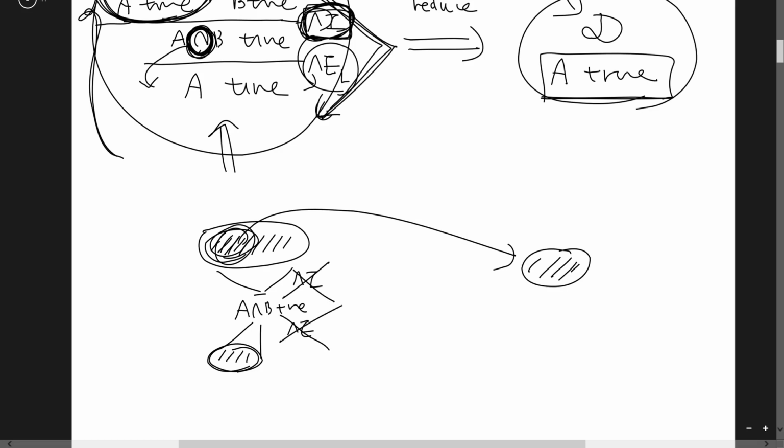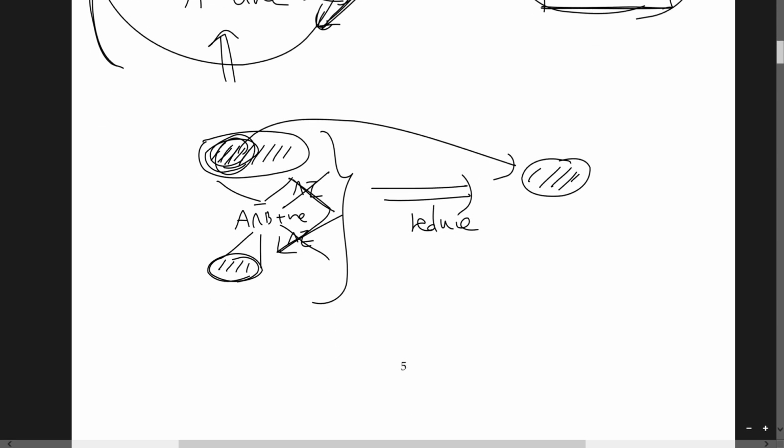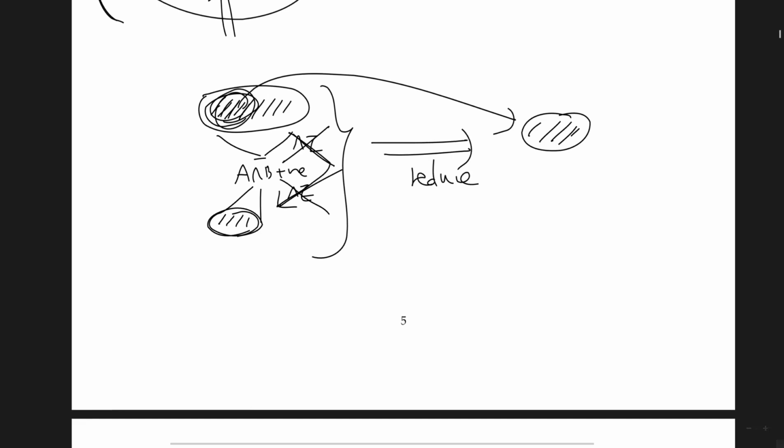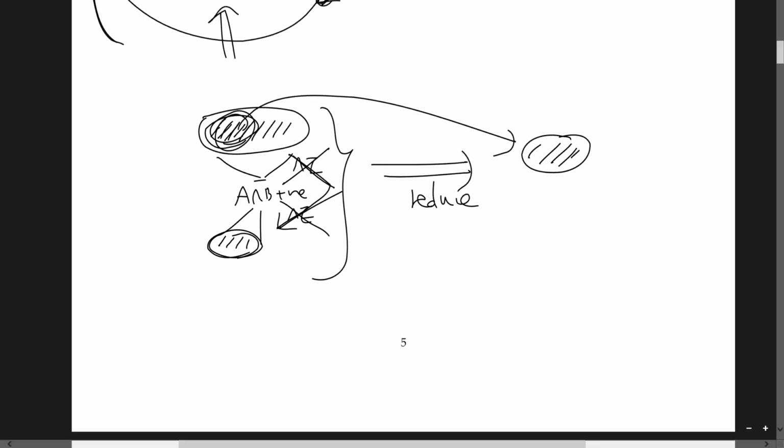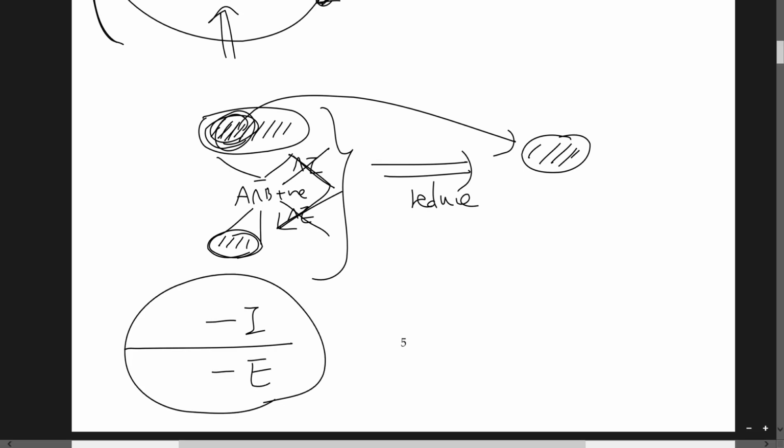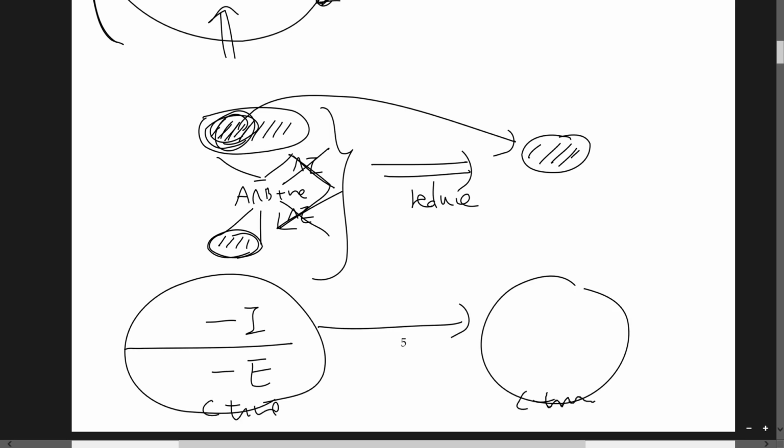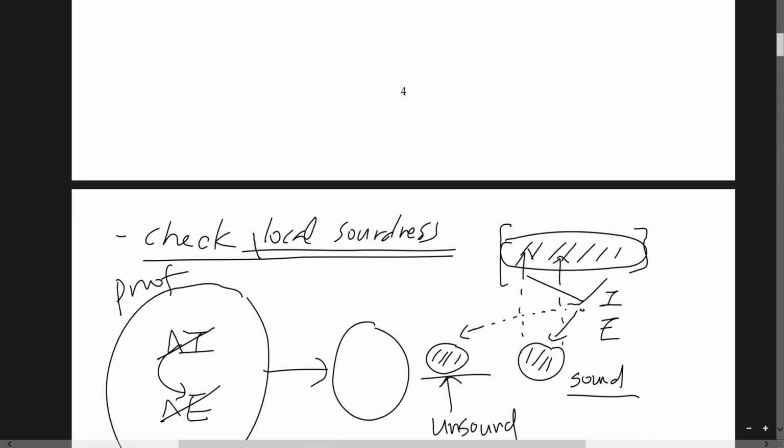So the question is, can we reduce this derivation tree without taking this detour? To summarize, to show the local soundness property, take a derivation tree of this form, some introduction rule immediately followed by some elimination rule, and then show that the same judgment can be proven without taking this detour. Here we don't have intro followed by elim. So this is how we verify the local soundness property.